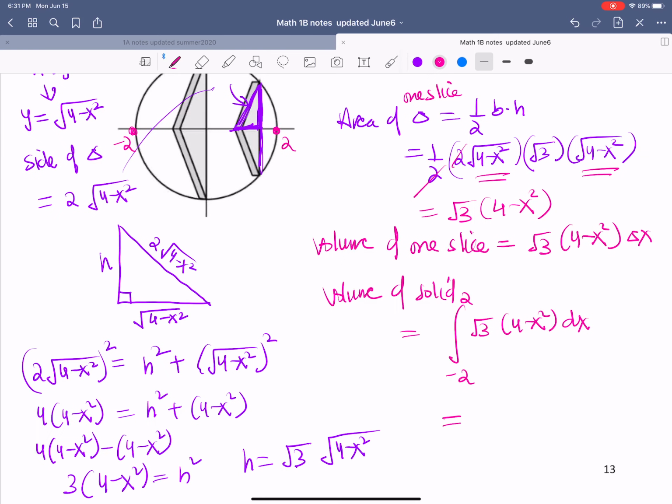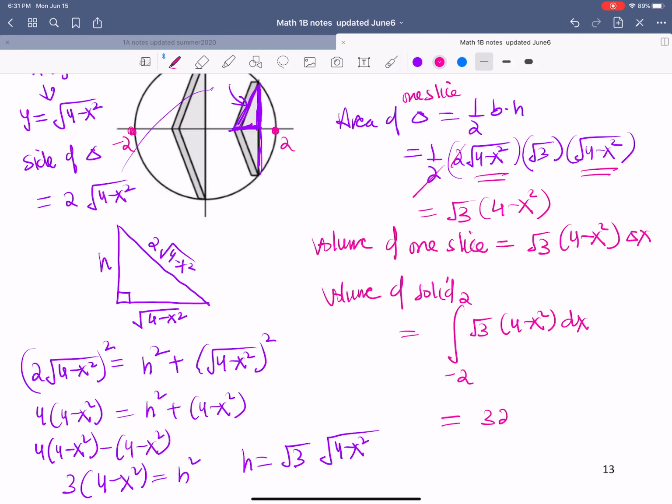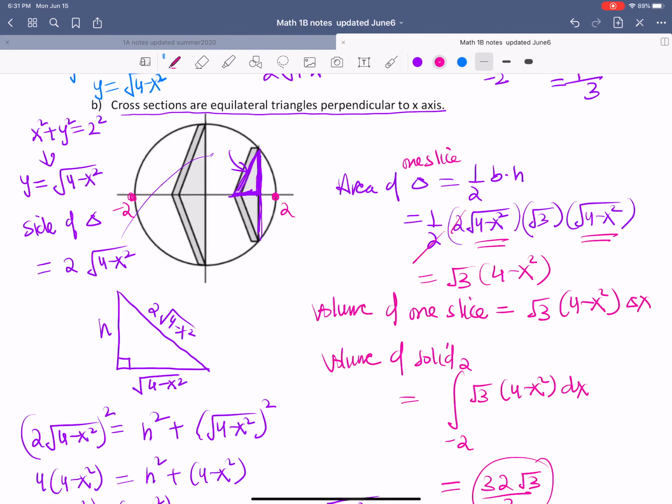It is going to come out to be 32 root 3 divided by 3. That's the volume of the solid whose base is a circular shape with radius 2, and the cross sections are equilateral triangles perpendicular to the x-axis.